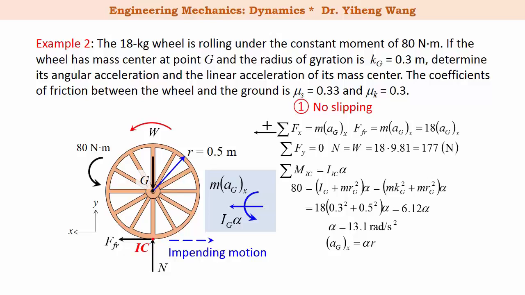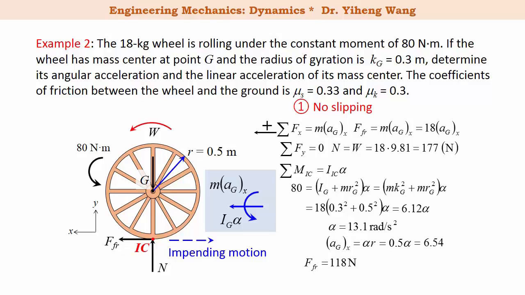Therefore, since we're assuming no slipping in this situation, we can apply this equation directly and calculate the linear acceleration of the mass center of this wheel to be 6.54 meter per second squared. From here, we can solve for the frictional force as well, which is 118 Newton from the first equation.